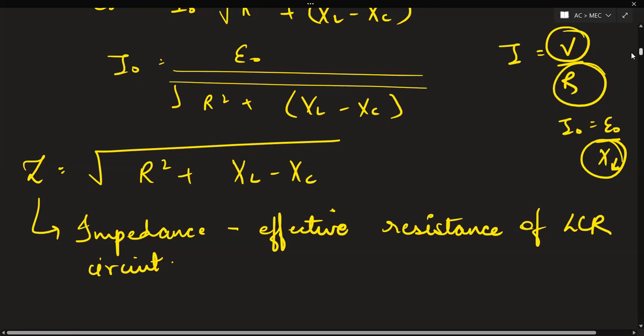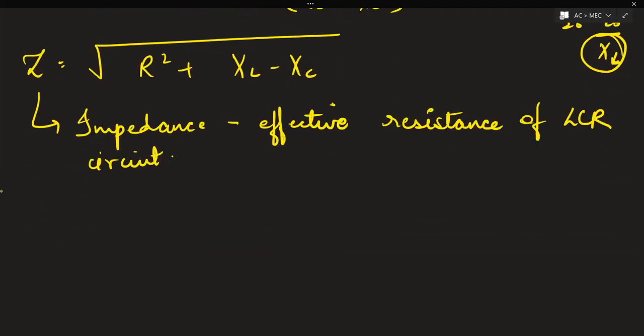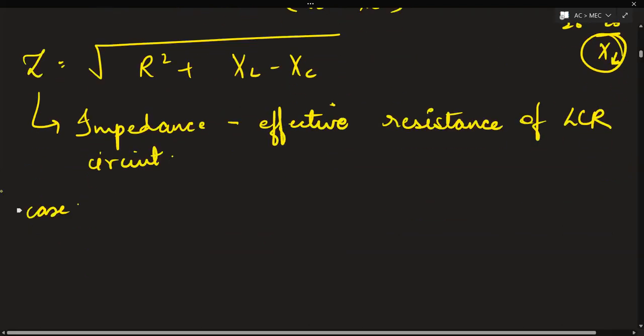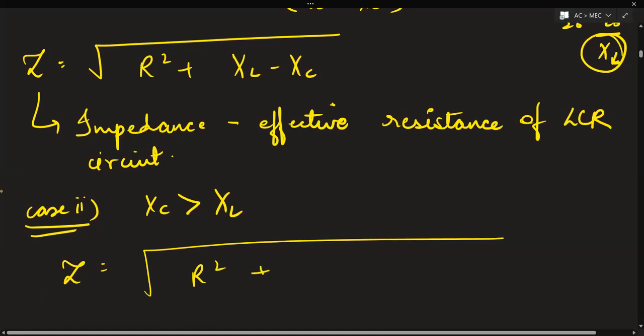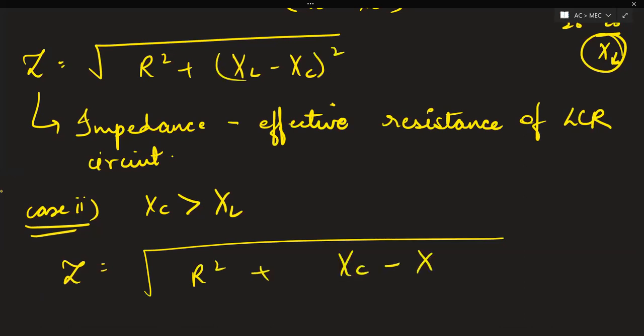So one more thing class, case 2. If XC is greater than XL, then Z will be equal to the root of R square plus XC minus XL whole square.